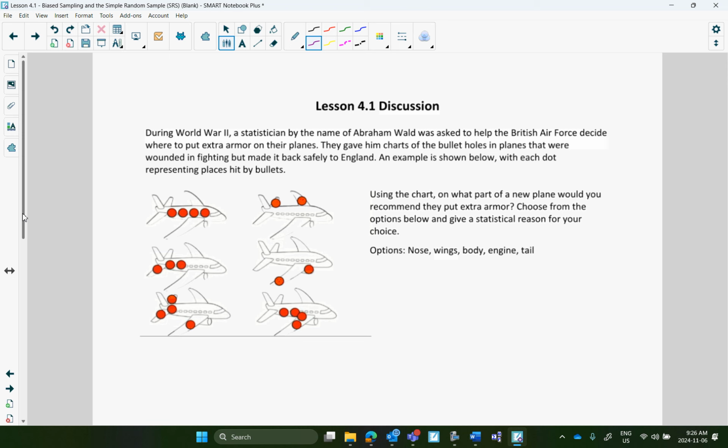But none of these had shots in the nose, the front of the plane. So we should probably armor the front. You've got to figure that many of the planes were probably hit in the nose, but none of them made it back. So that's where the armor should go.